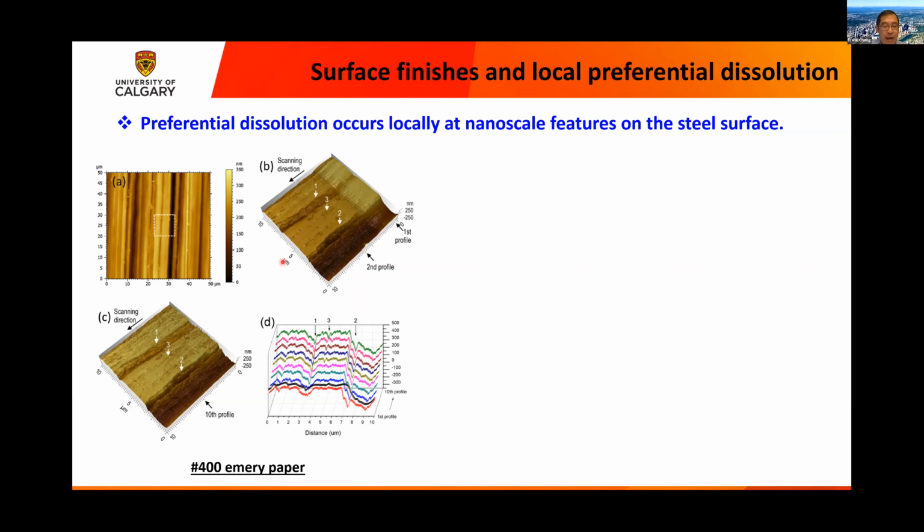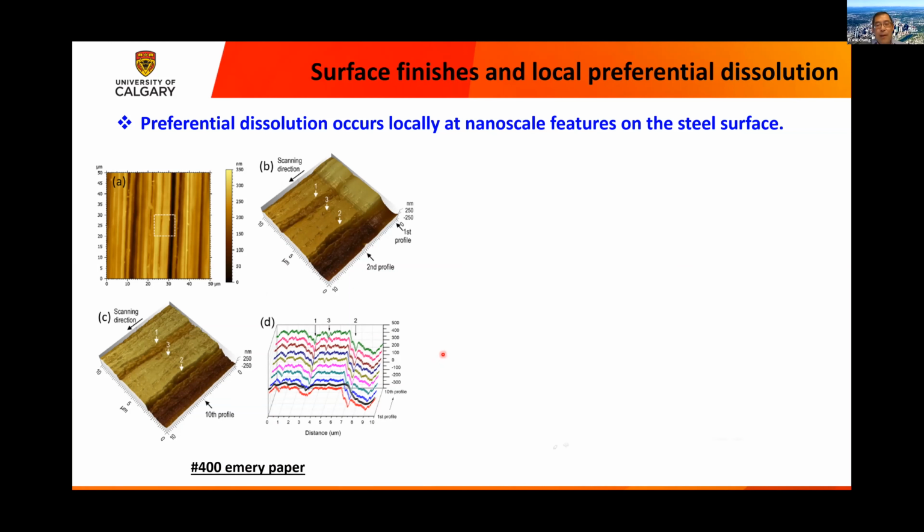When we put the metal in the corrosive environment, the surface solution, as a function of time, we do observe that certain features, such as 1, 2, 3 in this graph, suffer from different dissolution rates. That means even though the surface feature is nanoscaled, they have different corrosion rates.